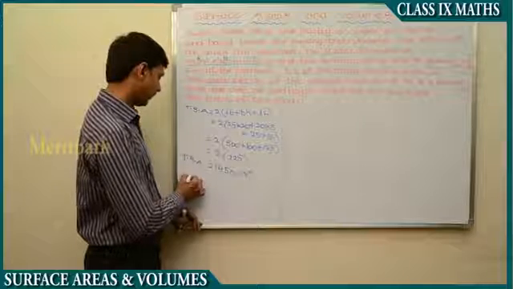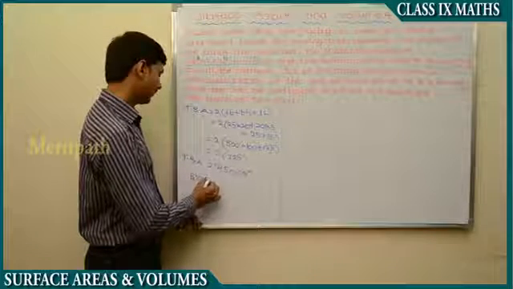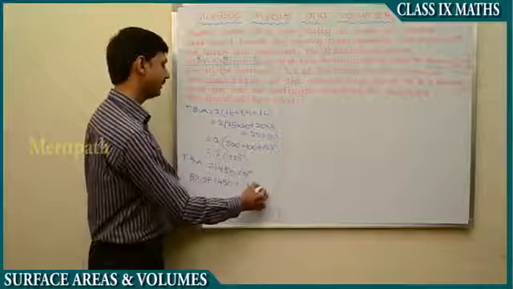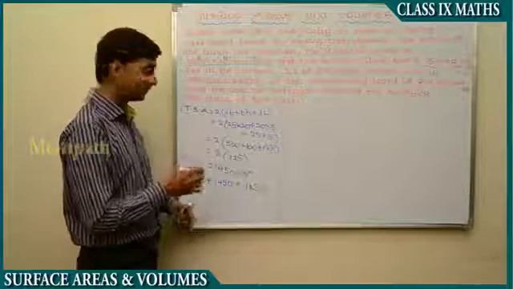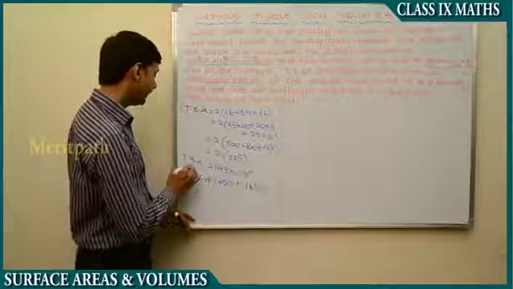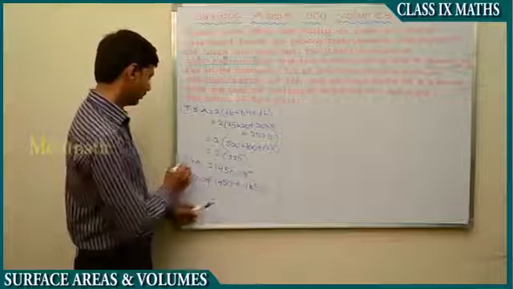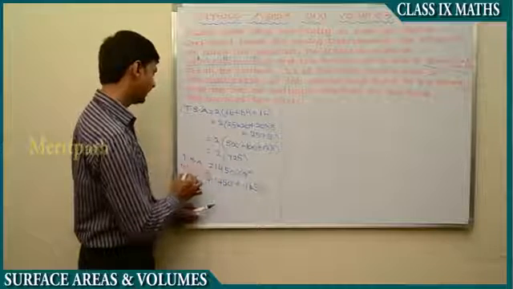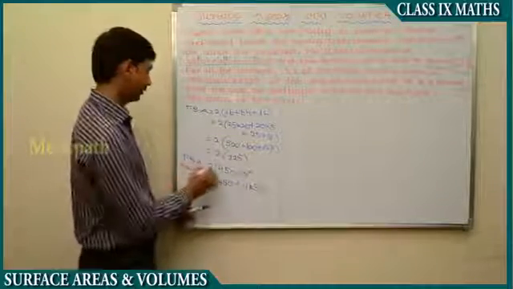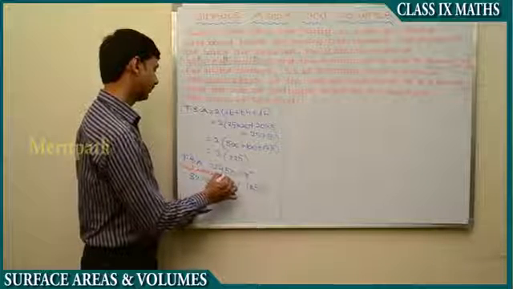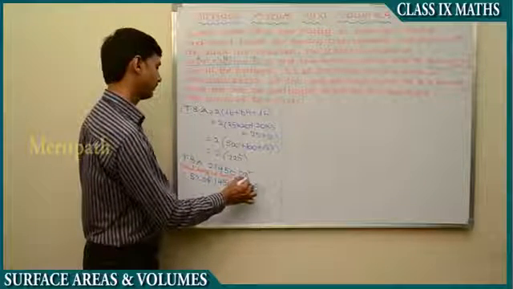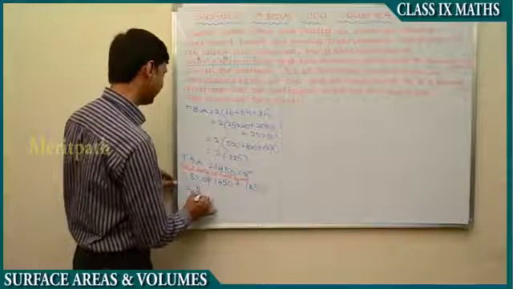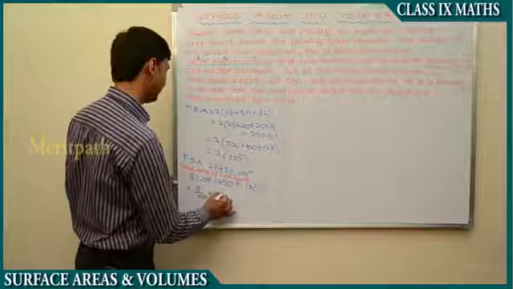5% of 1450 plus this 1450, the total area of cardboard required. So let's find out 5%. 5% is 5 by 100 into 1450.